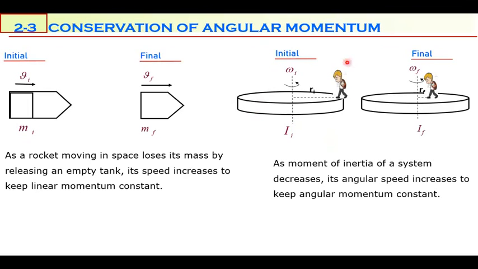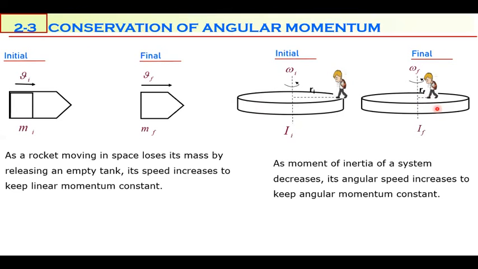The sum of these two angular momenta gives us the initial angular momentum of the system. But as the student walks on this merry-go-round, only the moment of inertia of the student changes, because no external force is acting on this disc.